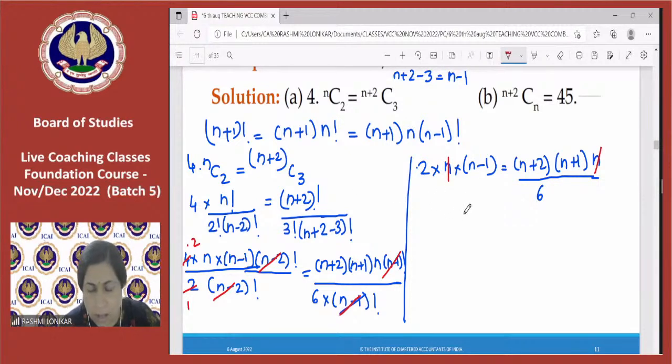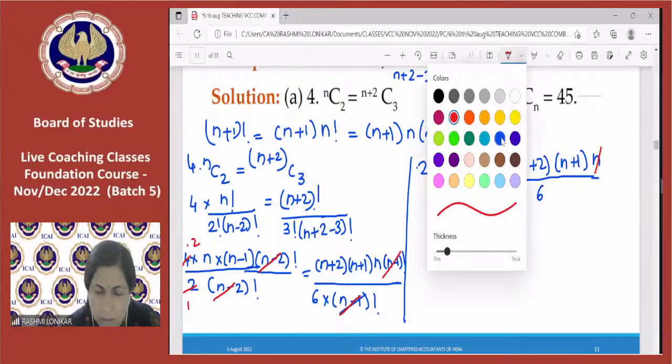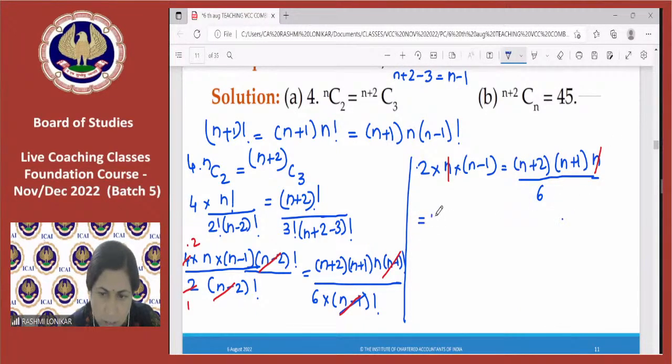Okay, so I have 12 is equal to n plus 2 into n plus 1 upon n minus 1.